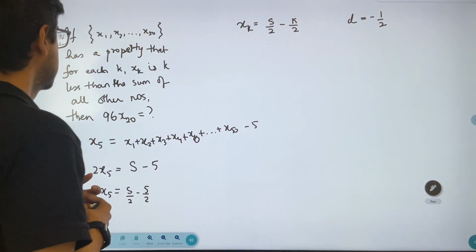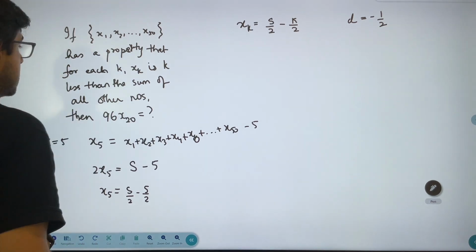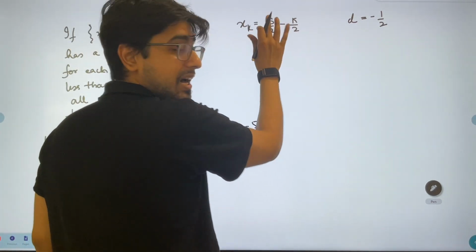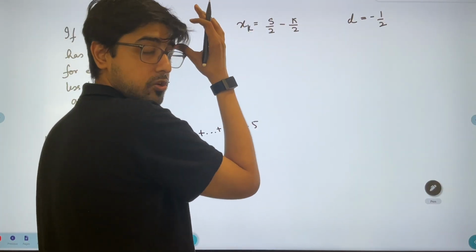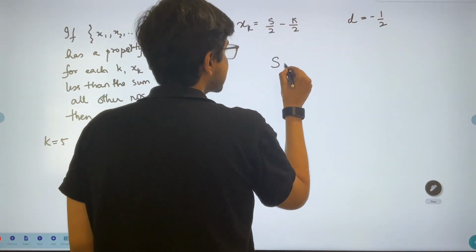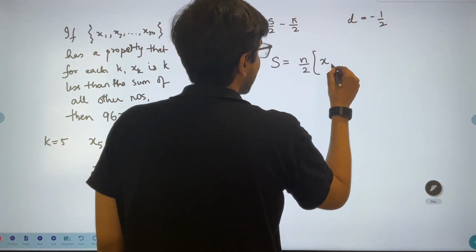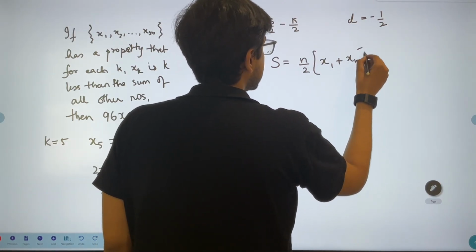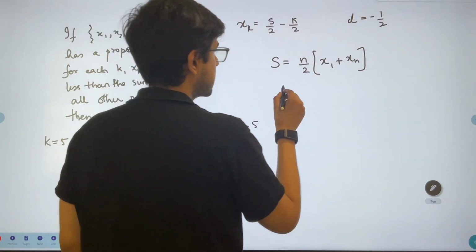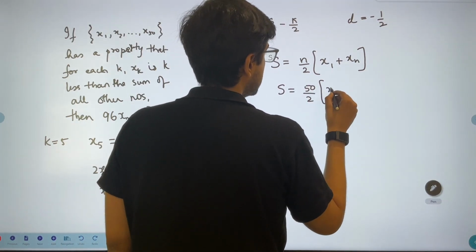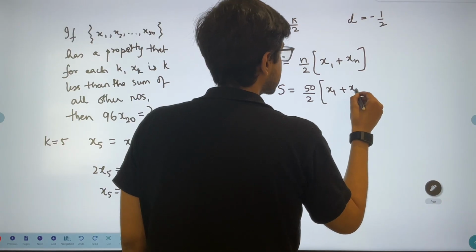The common difference is multiplied with the position. We have to find what x20 is. So, for that to happen, we first need to find what S is. S is equal to n by 2 into x1 plus xn. And since we know that there are 50 terms, S is equal to 50 by 2 into x1 plus x50.